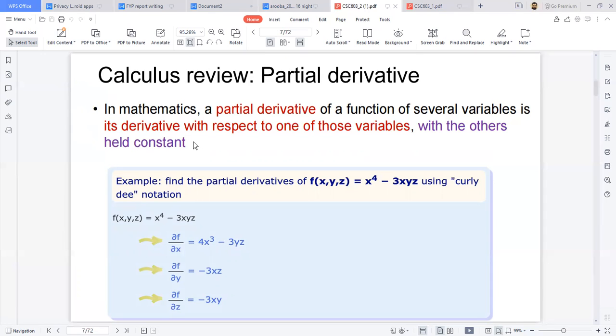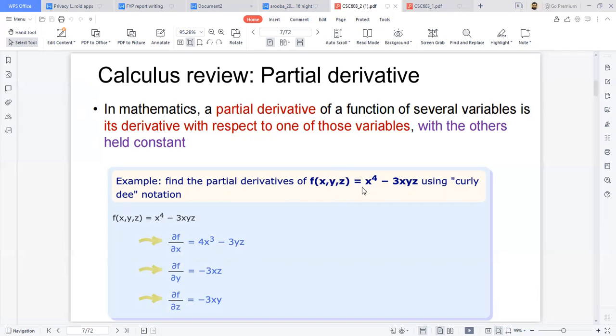So we make all the others constant and only differentiate one. That's why it's called a partial derivative, not a full derivative. For example, you can differentiate with x, with y, or with z.